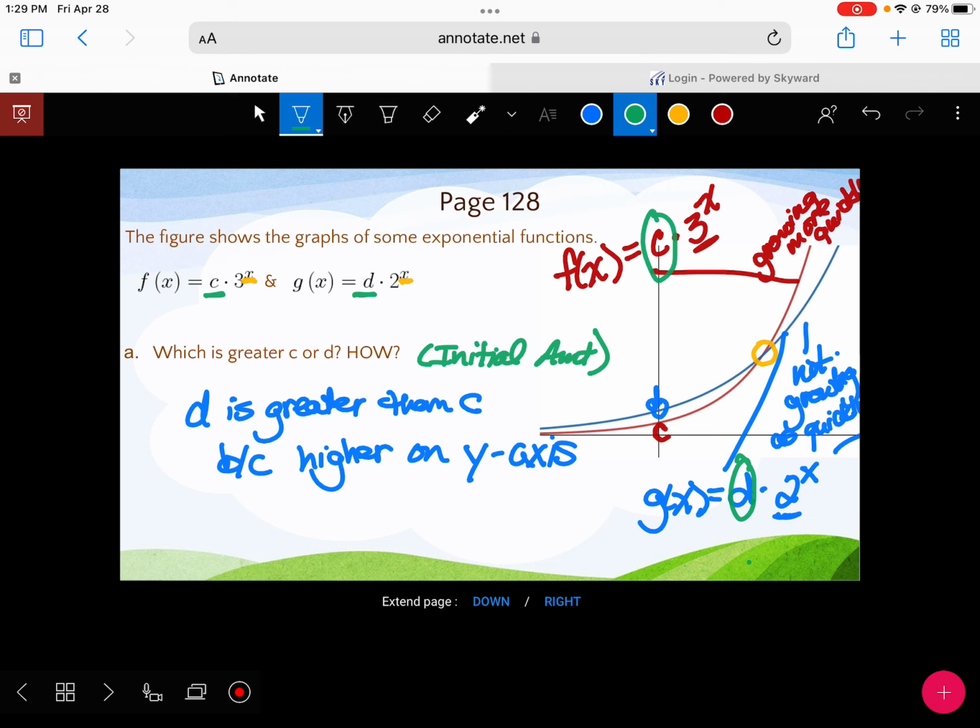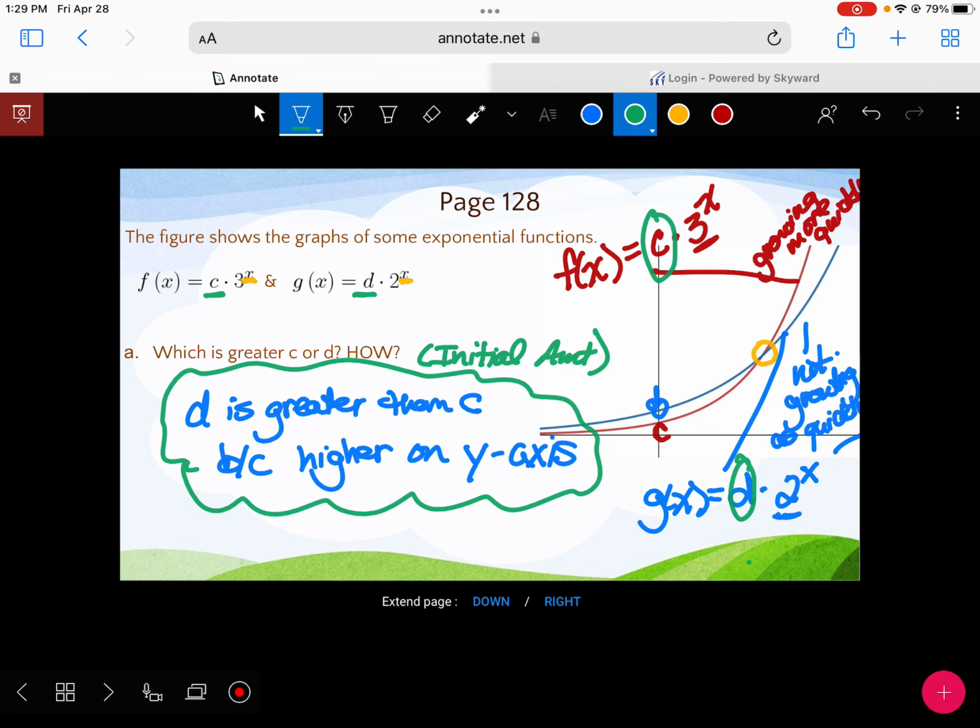But as you look back at it, the blue line definitely starts higher, and the blue line goes with D times 2 to the x power, so D has to be greater, okay? So you don't always have to do a whole bunch of algebra to figure them out. Sometimes you just have to look and think about it and say what makes sense here, okay?